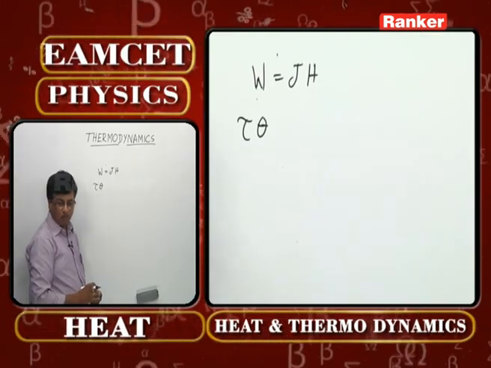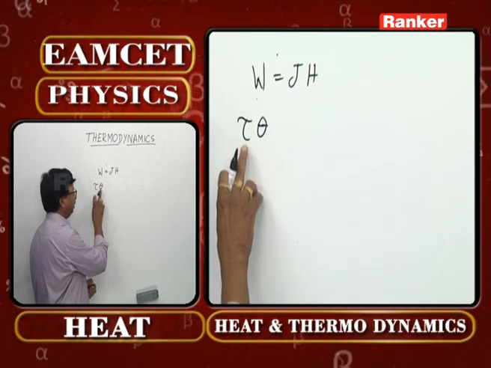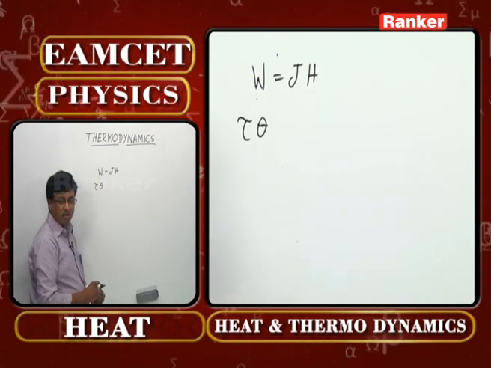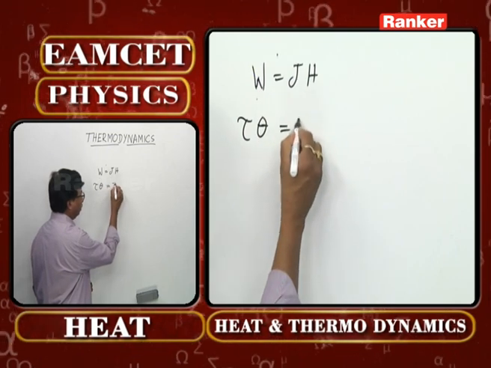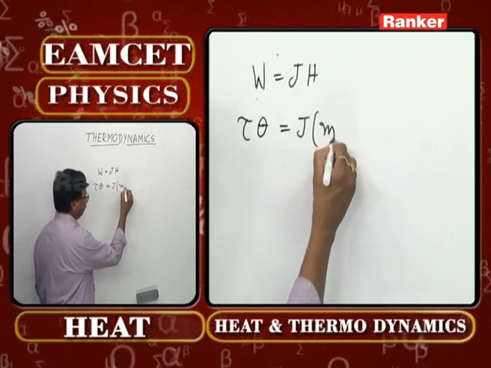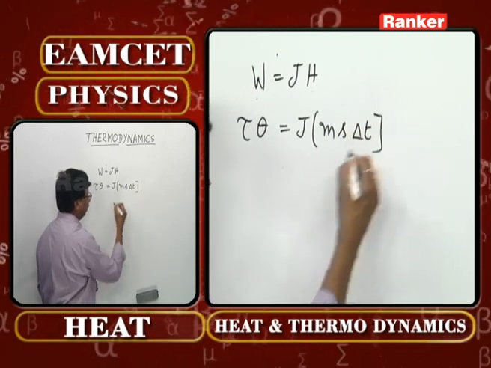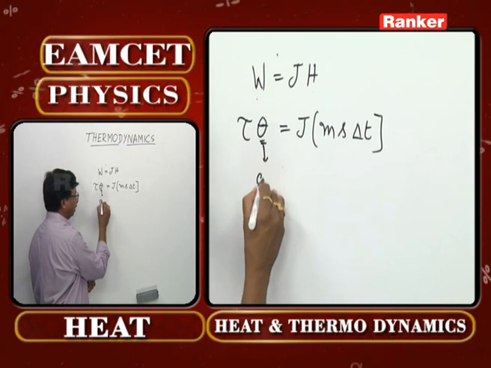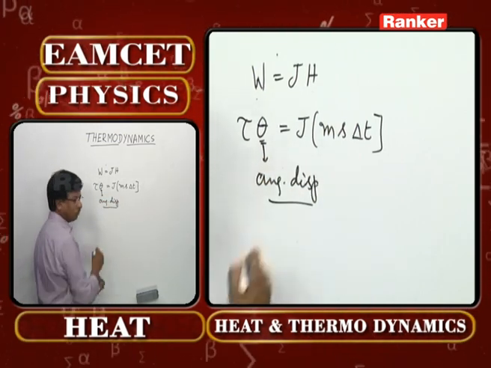If you take the rotational dynamics concept, force becomes torque and displacement becomes angular displacement theta. So tau theta is equal to J times m s delta t. You can understand this. What is this theta here? Theta is nothing other than the angular displacement of this particular body.